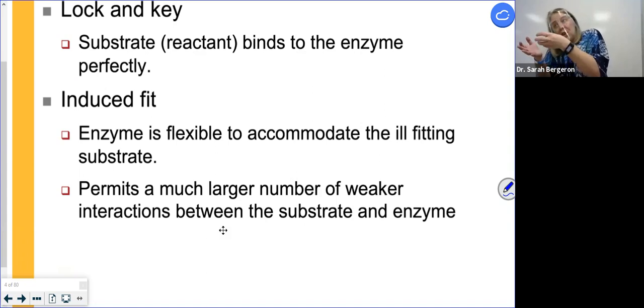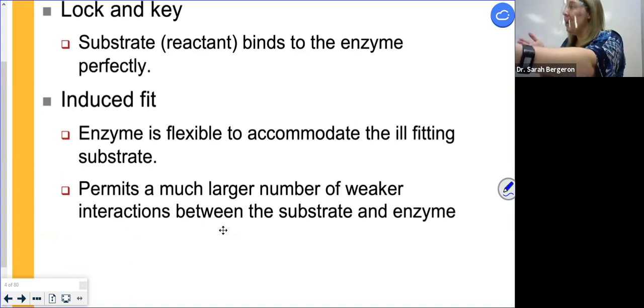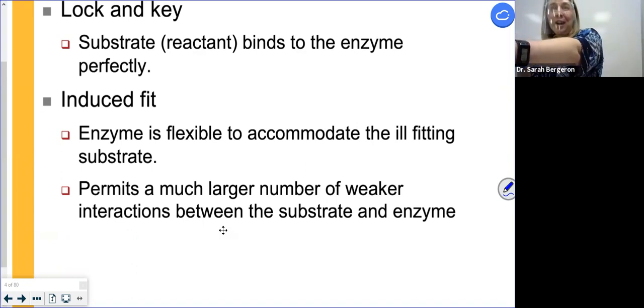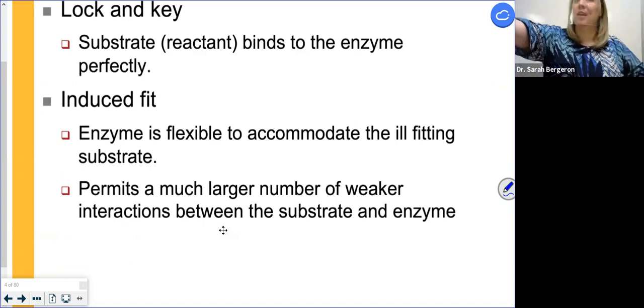So you're in, but then you need to do that conversion to the high energy intermediate and then eventually to the product. And so you get tighter and better interactions going to the intermediate. And then when we get to the product, do we really want to hang out with the product? No. So it's going to be fewer interactions when we get to the product. And then that's why the enzyme releases the product.